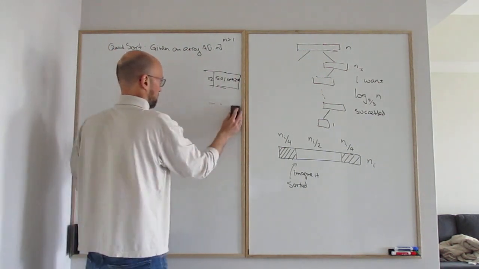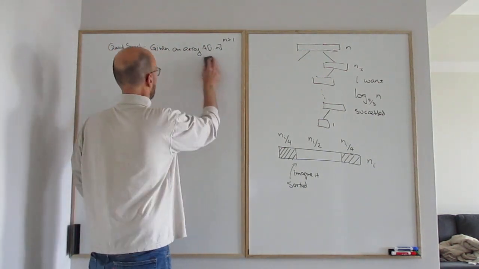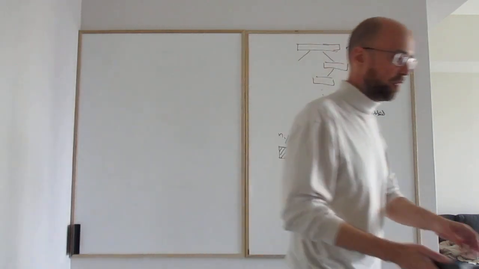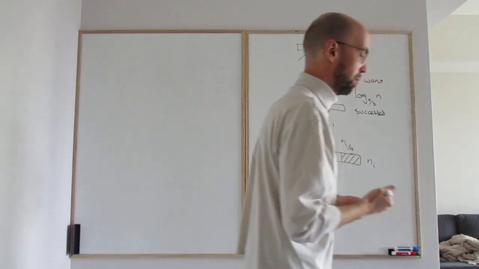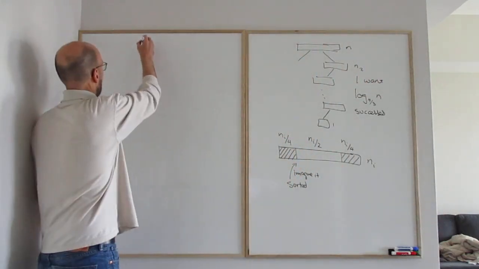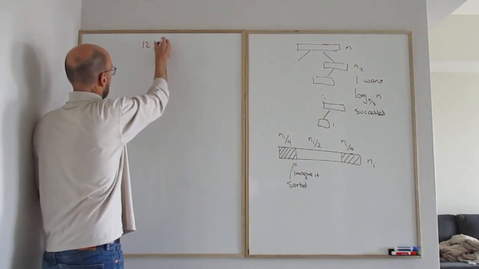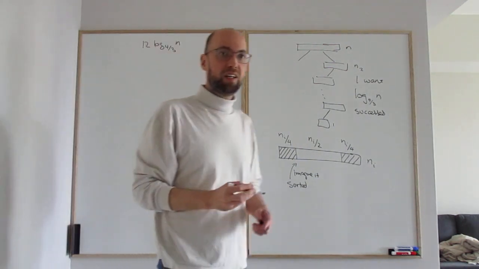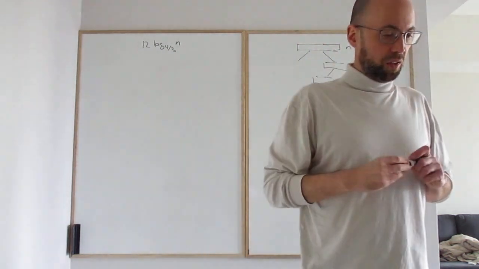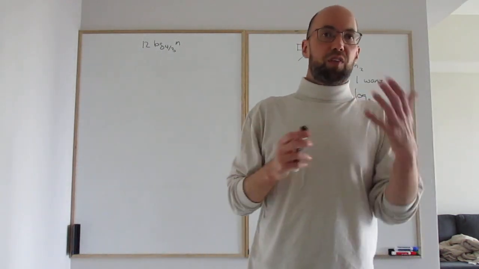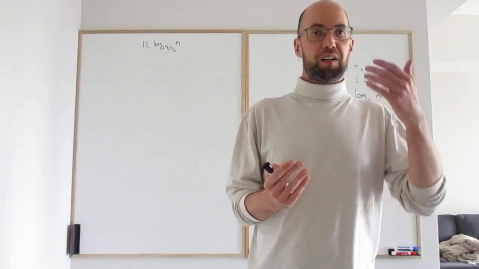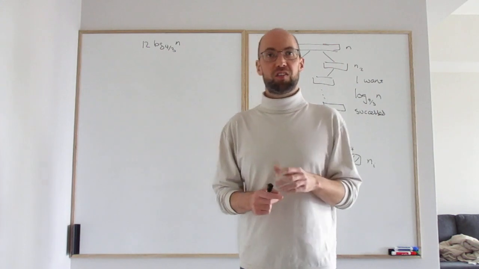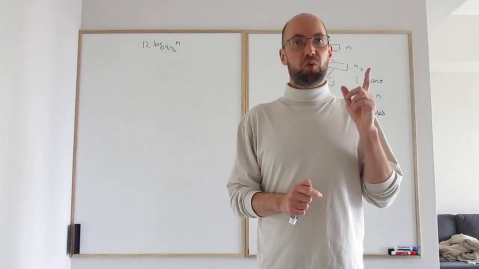I mean like depth, I don't remember exactly what it was supposed to be. 12 log 4/3 n. Okay? So 12 log 4/3 n, that's why I was saying 120 and you get at most 9. That means, what are the chances that you get a 12th?